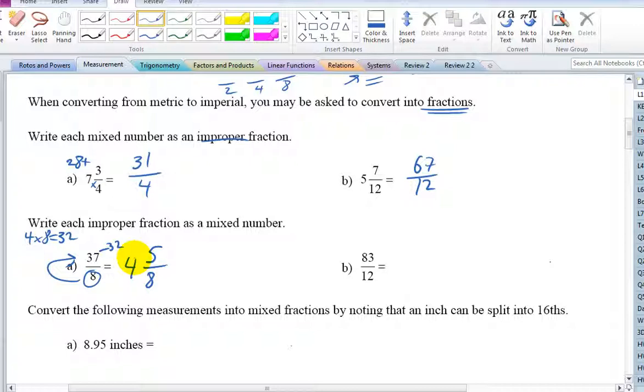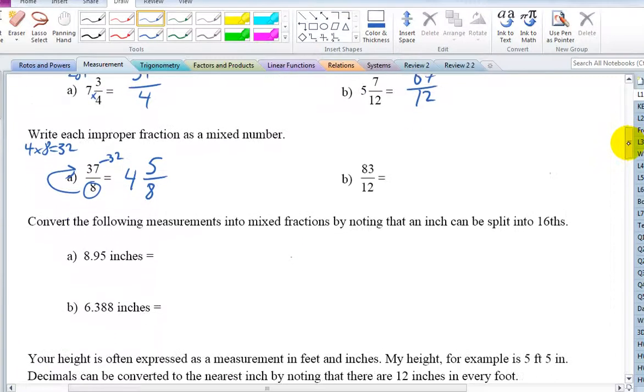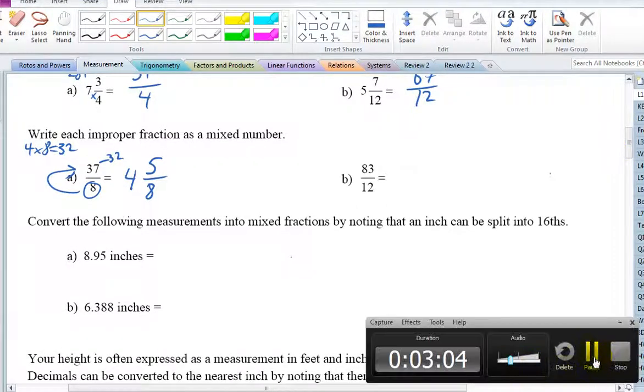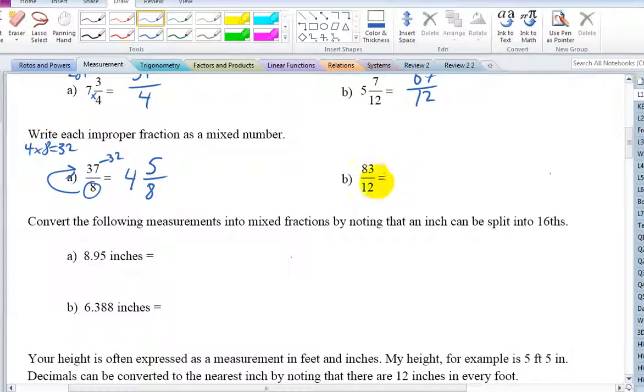Okay, so 4 whole groups of 8, 5 8ths remaining. Try that for B. Go. So 83 over 12. I think there's 6 groups of 12, which is 72. So I subtract 72. And you'll have 11 twelfths remaining.